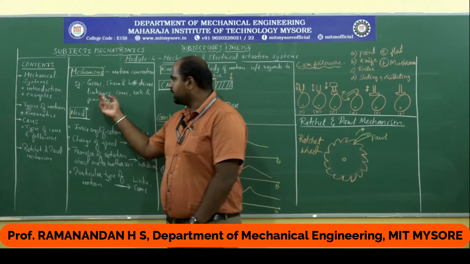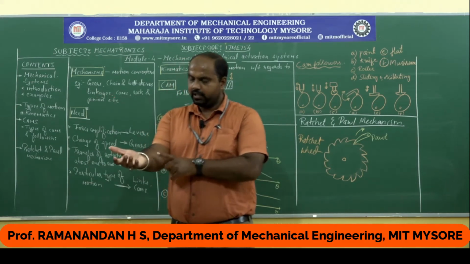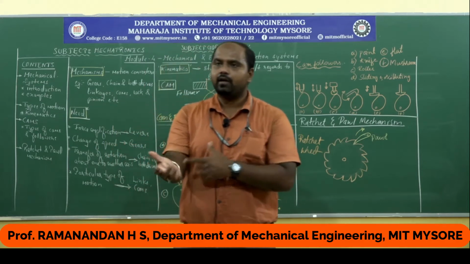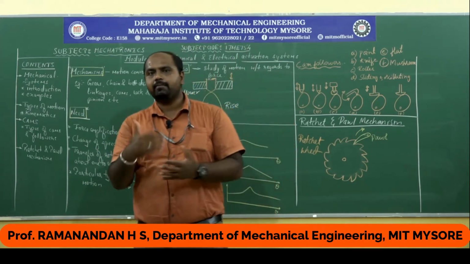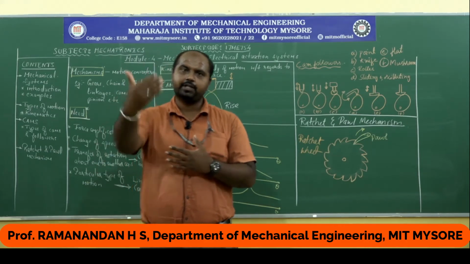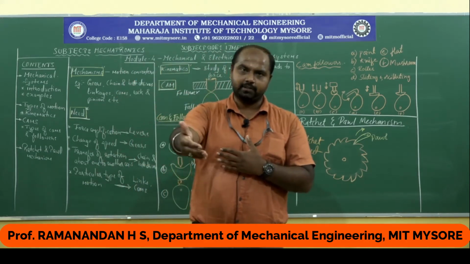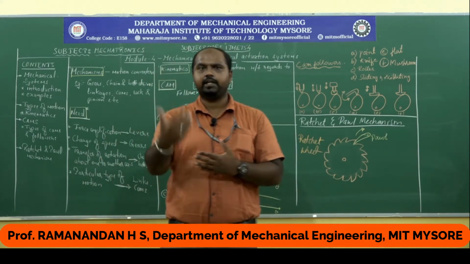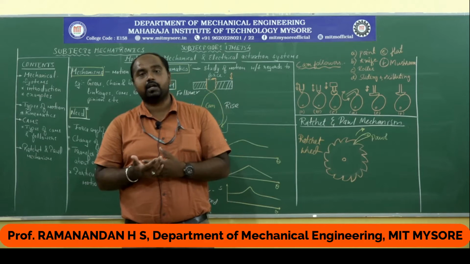Similarly, you have linkages. Links are nothing but a rigid body, or any body, which will pick up the motion and transmit it to the subsequent element with a very negligible deformation. That is called a link.